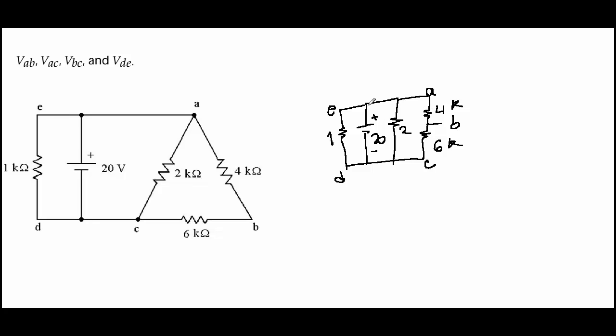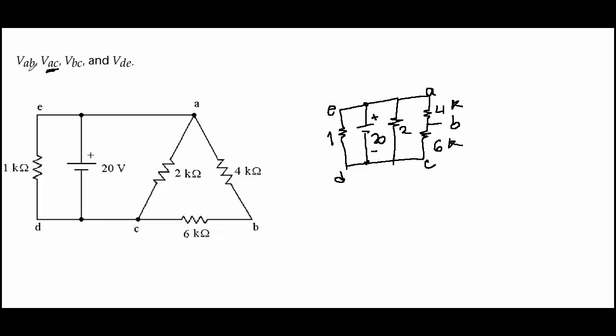Well, we learned that parallel branches all have the same voltage, which is given as 20 volts. So from A to C, the voltage is 20 volts because it is a parallel branch.